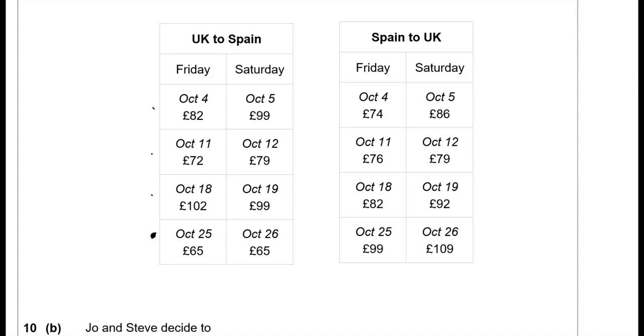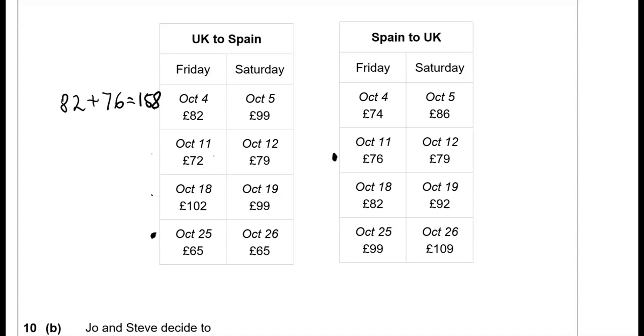So let's try October the 4th, so £82 to go, and then to return on the 11th, because 4 add 7 is 11, so that would be £76. So 82 and 76, and that is 158.